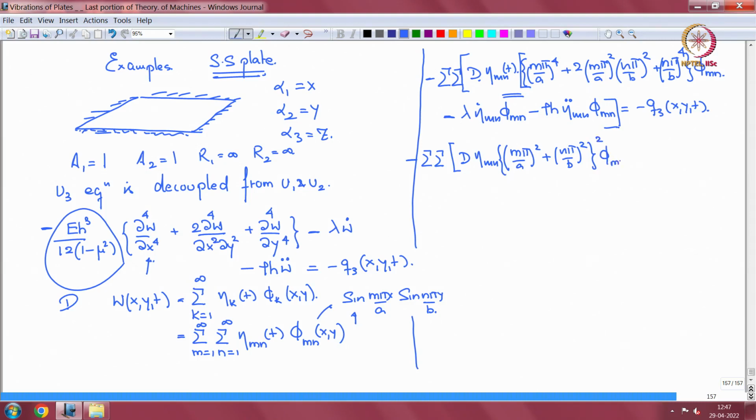into phi mn, okay, minus lambda eta mn dot, or let me keep phi mn outside here.